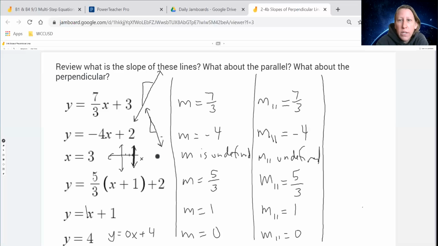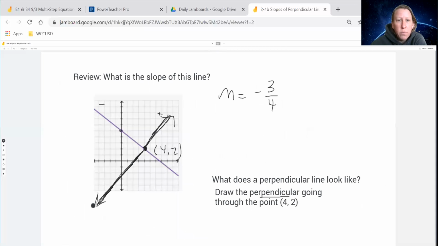All right, now we're getting into the one we were just looking at, which is what is the slope of a perpendicular? Let's look at this one. The slope of the original line was -3/4. What's the slope of this new line? It's not negative. First of all, it's positive because it's going up from left to right.